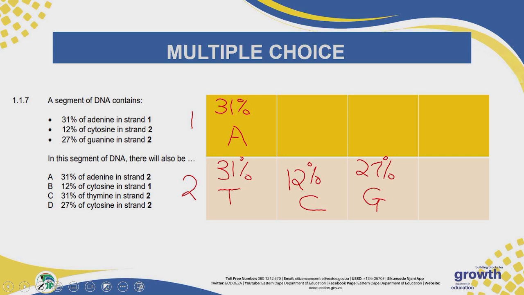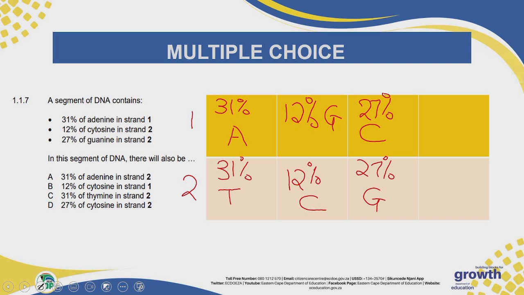We are going to have 12% of guanine. I hope I'm right. And then it says 27% is guanine. So here we're going to have 27% of cytosine in strand 1. Now we need to know what the question is saying. It says in this segment of DNA, there will also be 31% of adenine in strand 2.